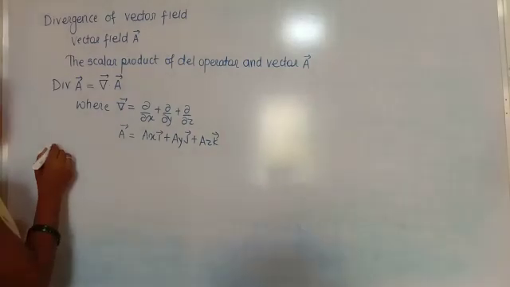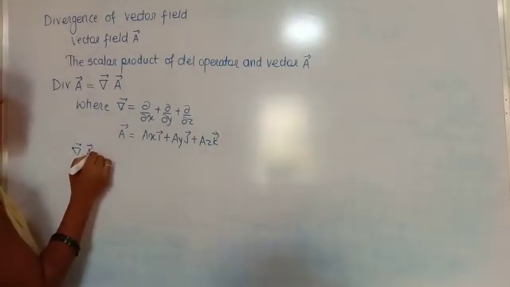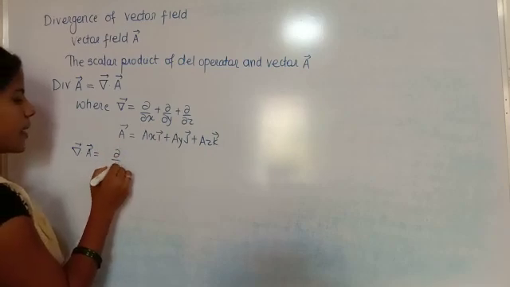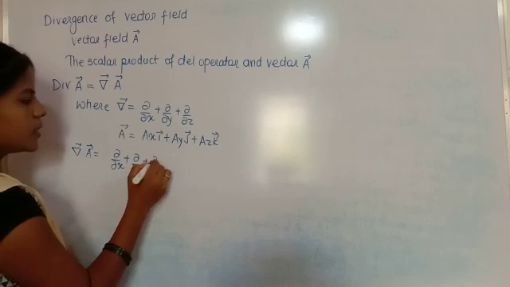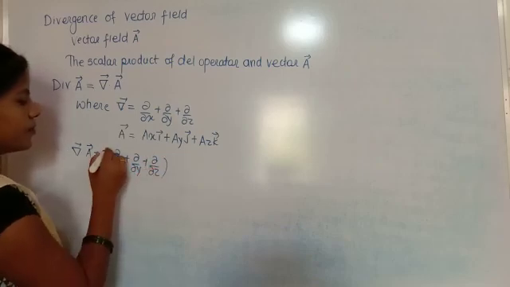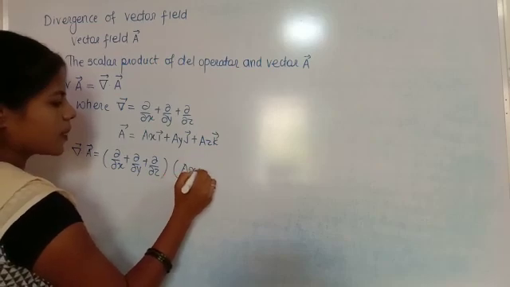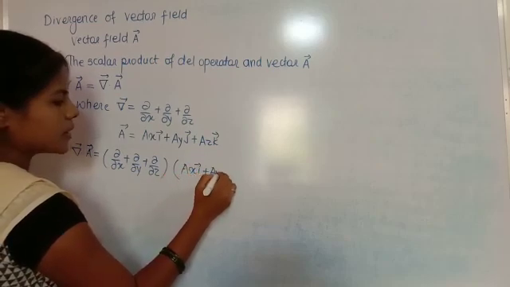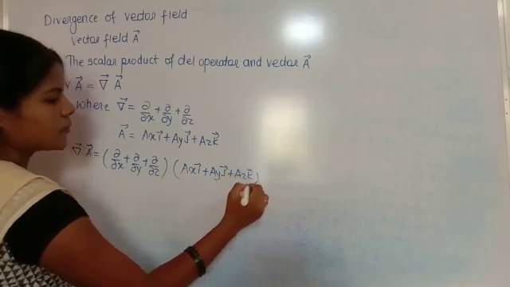So therefore del dot A is equal to del by del x plus del by del y plus del by del z, dot product with Ax i plus Ay j plus Az k.